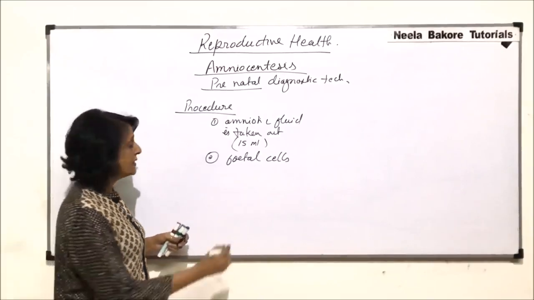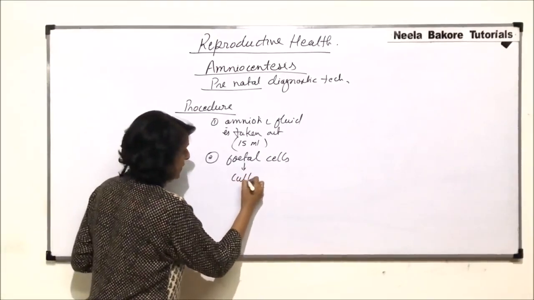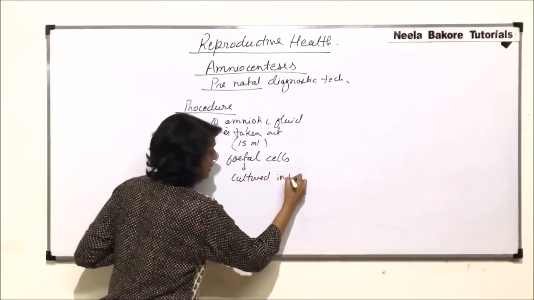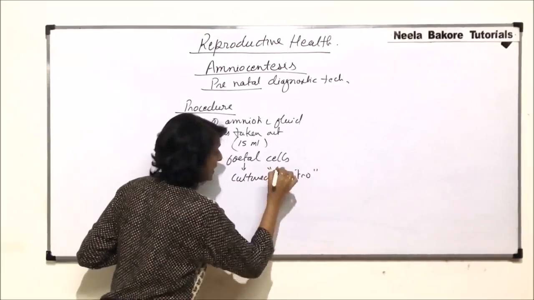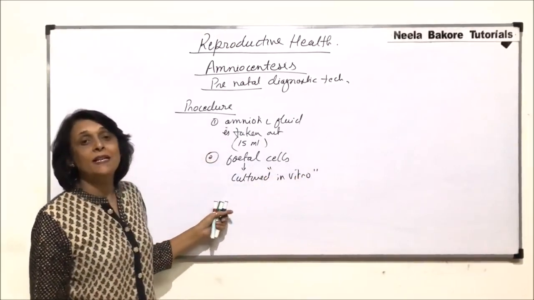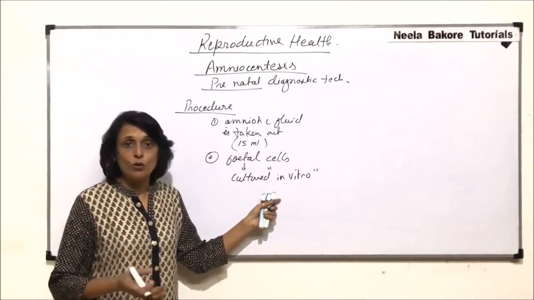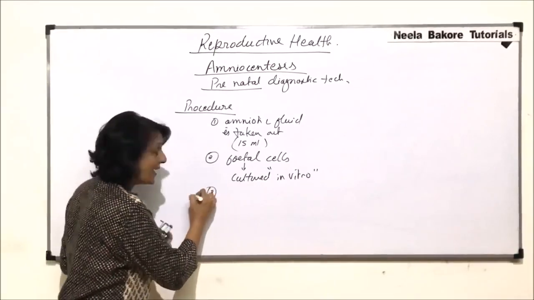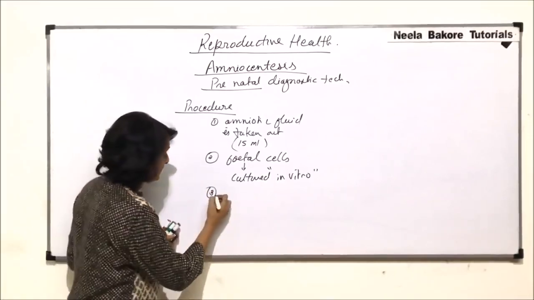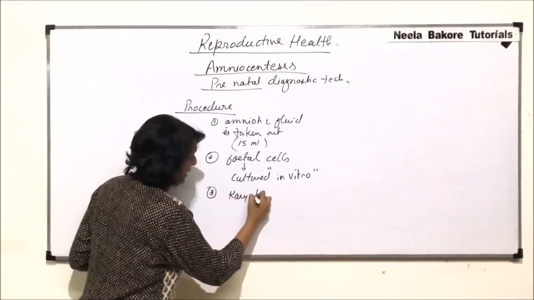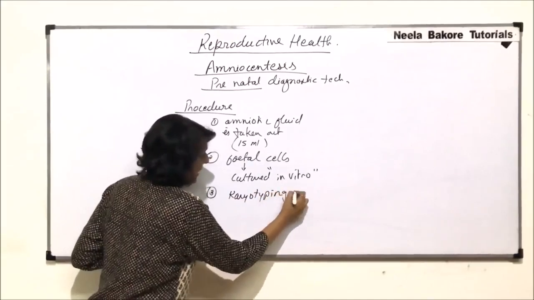So these fetal cells are cultured in vitro. In vitro means outside the body but in similar conditions. These cells are allowed to grow or divide here. And then karyotyping is done.